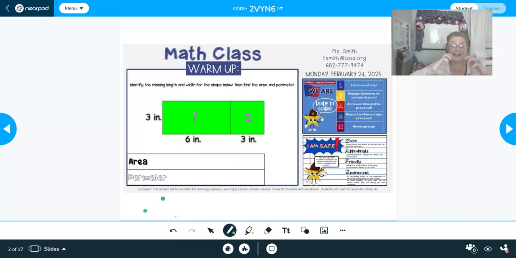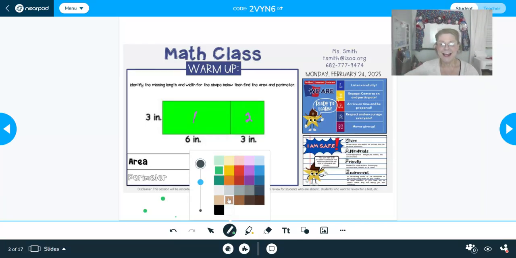So once we identify, yes, this is a larger rectangle that is made up of one smaller rectangle and one square, we need to ask ourselves some more questions. What do we know about rectangles? We know that with a rectangle, opposite sides are equal.